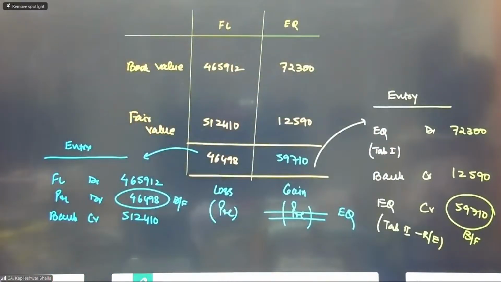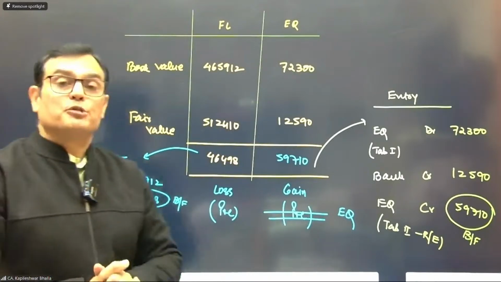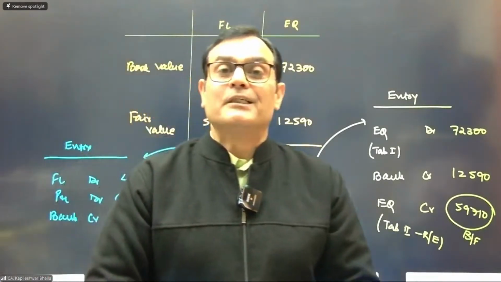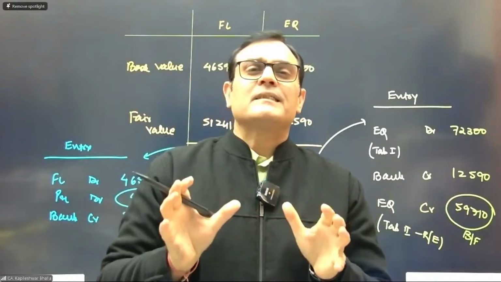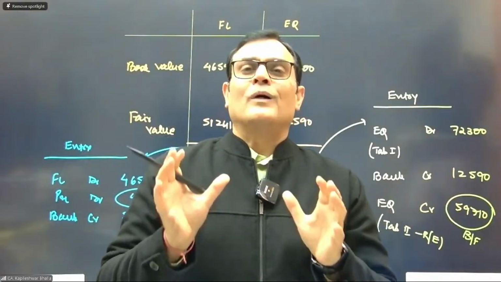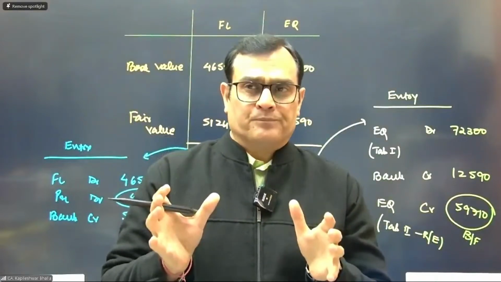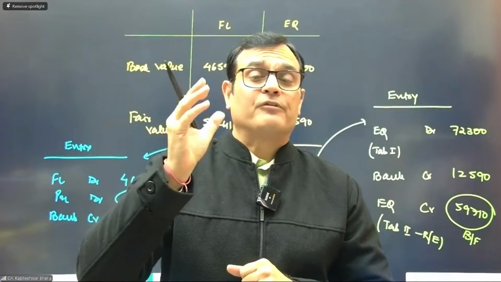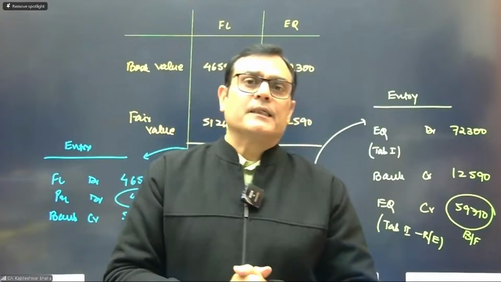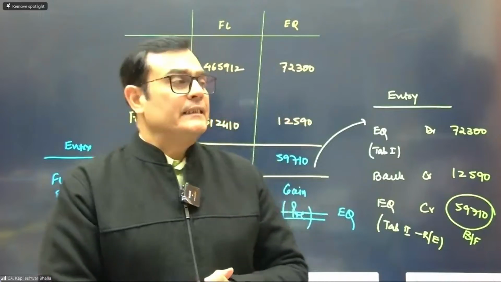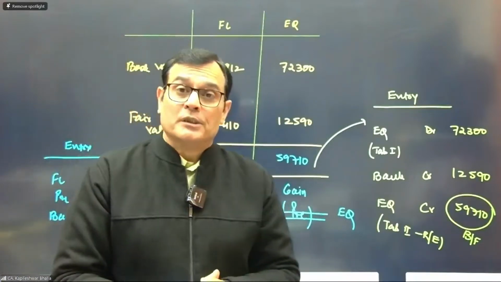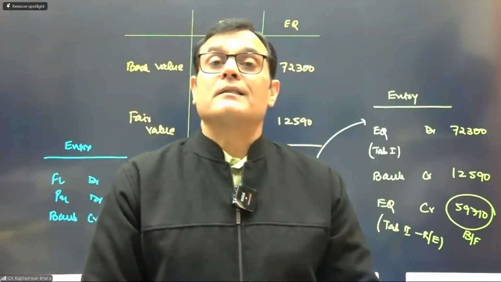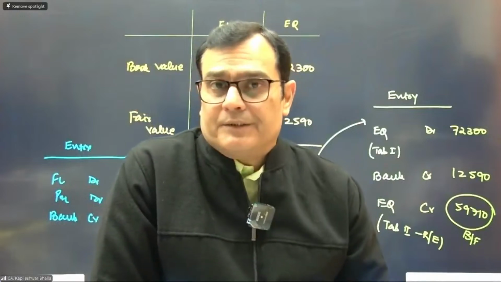I think this takes care of the concept of how the redemptions will take place, the entries and all. So basically what we did: when there is an early redemption, the offer price is to be split into FL and equity. The only care you need to take is that the FL equity at that stage will be based on the discounting rate prevailing on that date.